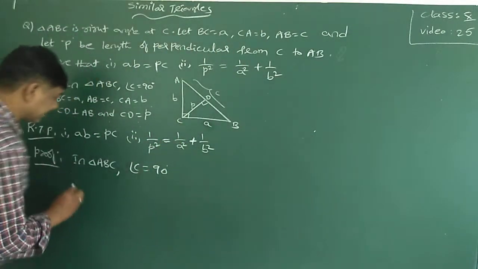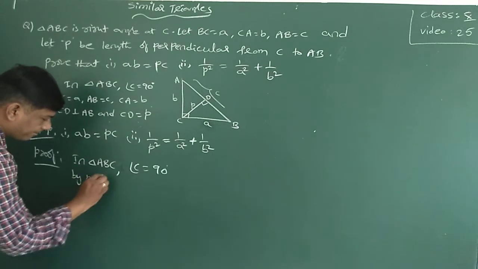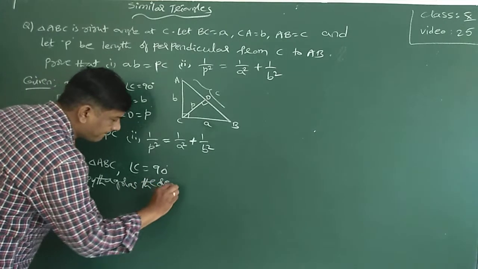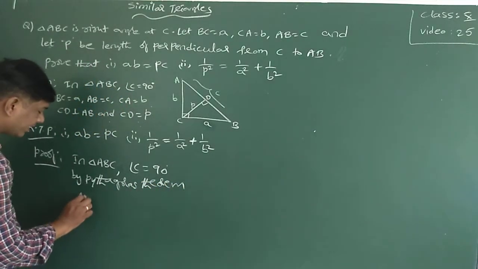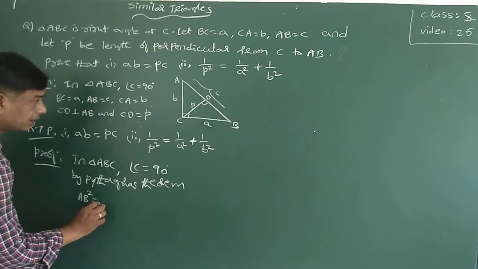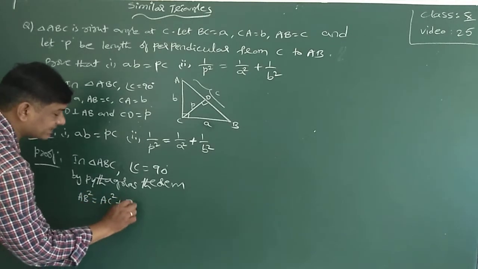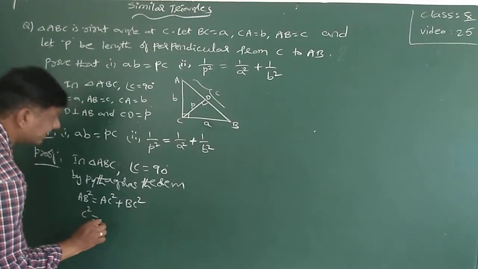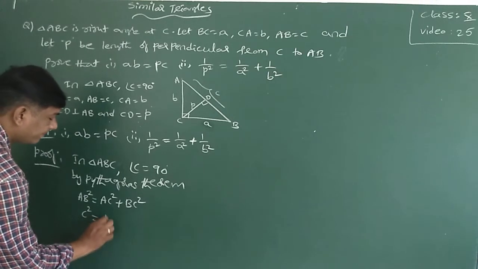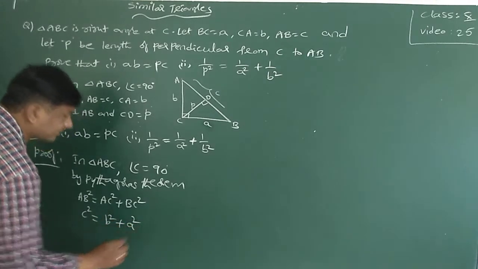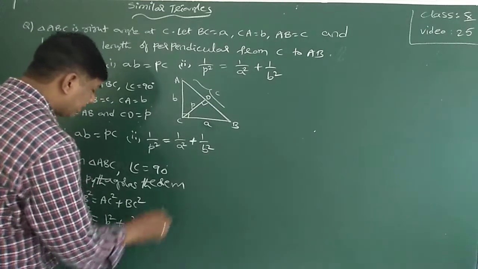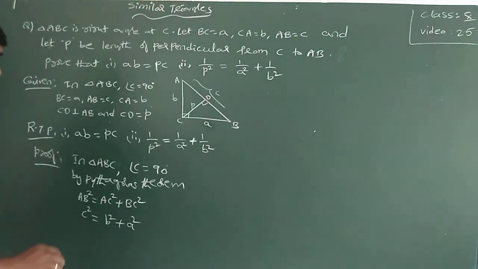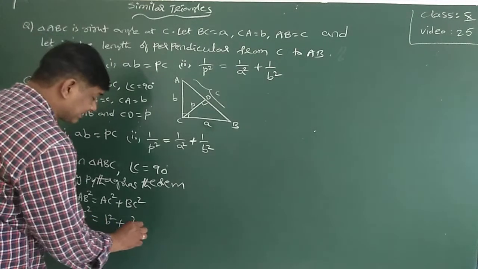So by Pythagoras theorem, AB square is equal to AC square plus BC square. That means c square is equal to b square plus a square.